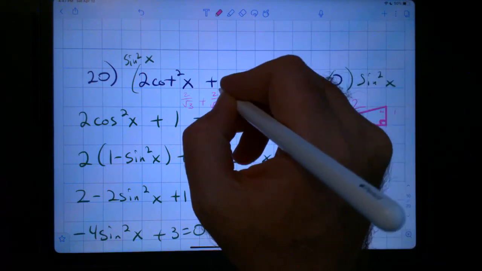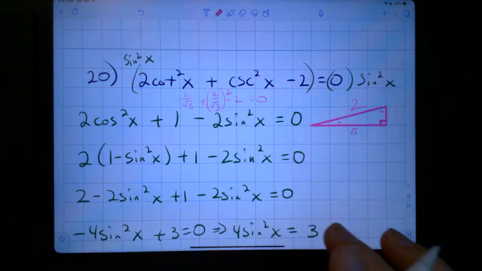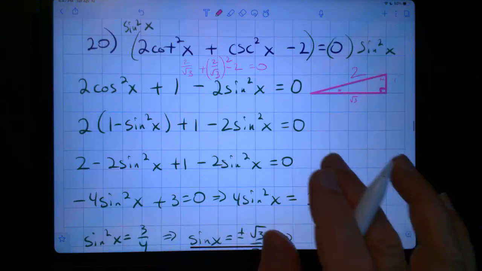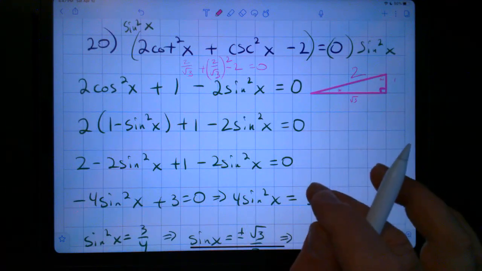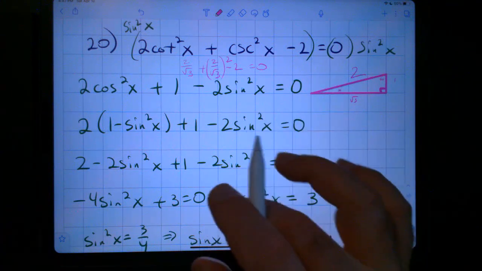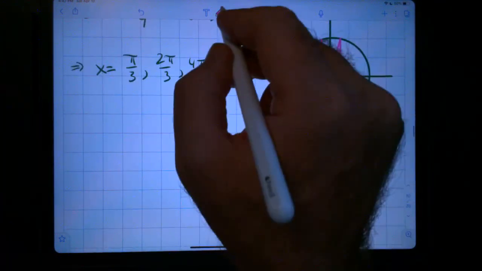Oh, and this is squared. Let me do this proper.